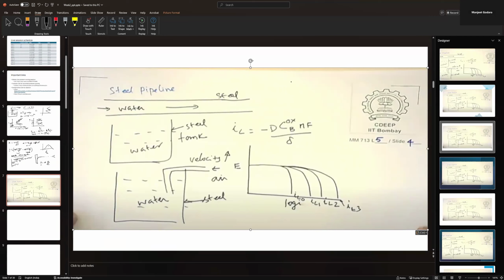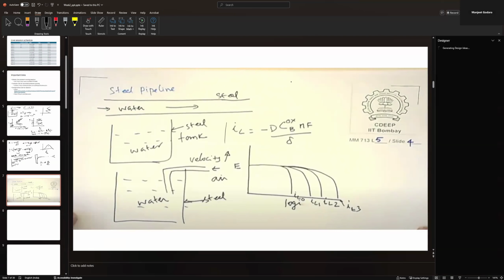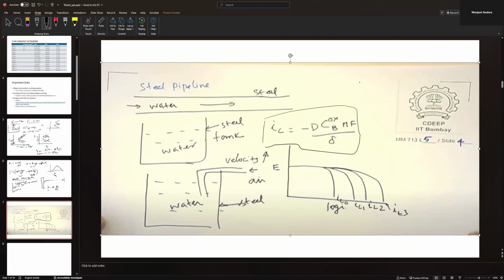So when you derive the diffusion limited current, this is the equation you get. If you increase the rate of diffusion somehow, maybe by increasing the temperature or mechanical stirring, your diffusion limited current density will increase.